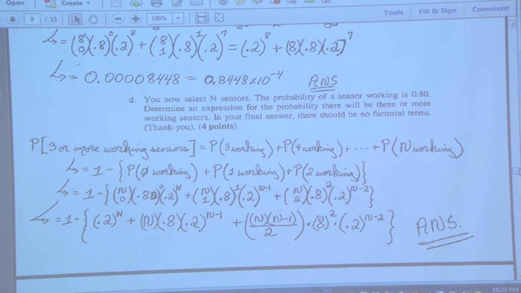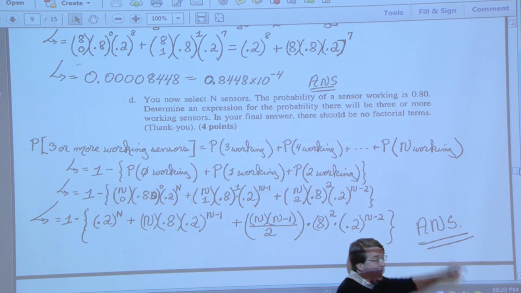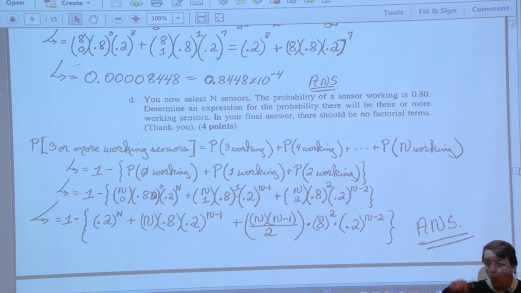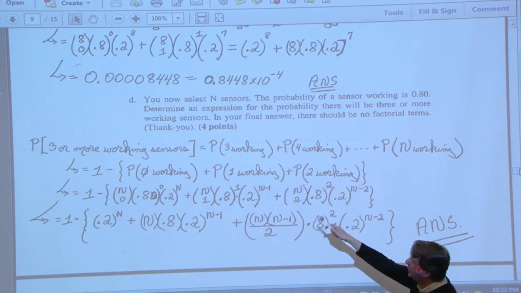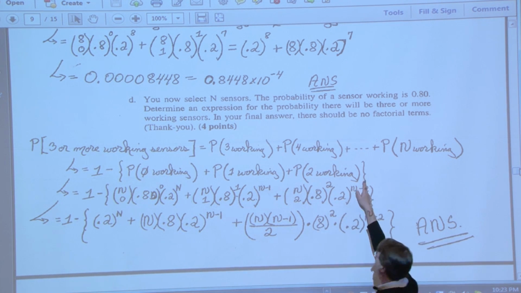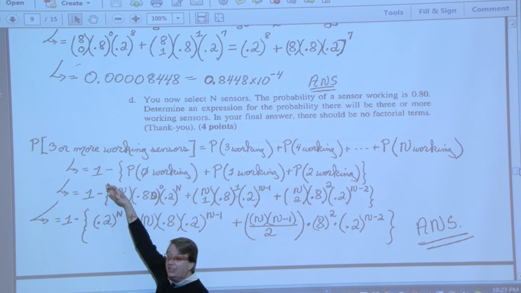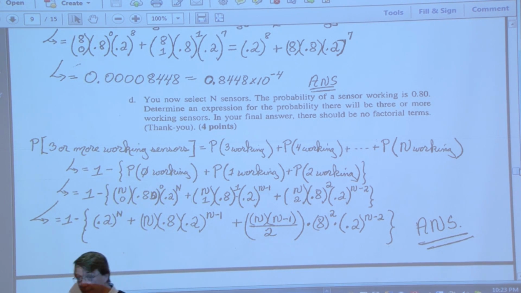Trick is here, I don't tell you N. So I want to know the probability of 3 working, or 4 working, or 5 working, all the way up to N. How do I do this? 1 minus the probability of 0 working plus 1 working plus 2 working. All of this has to be added and then subtracted from the 1. And there you have it.